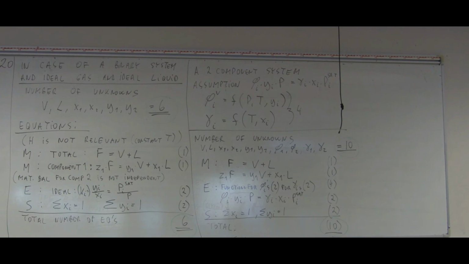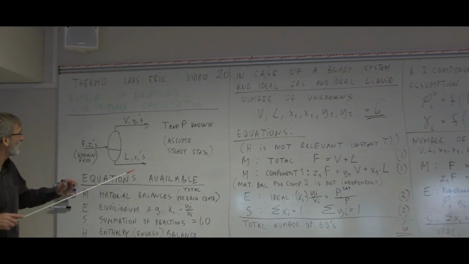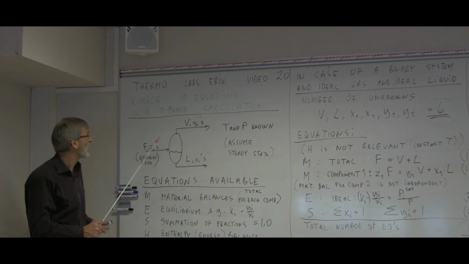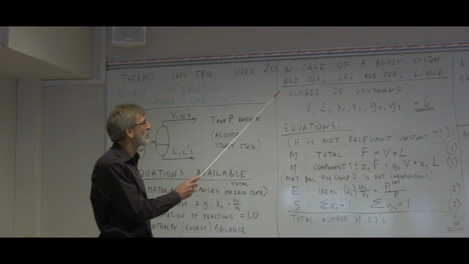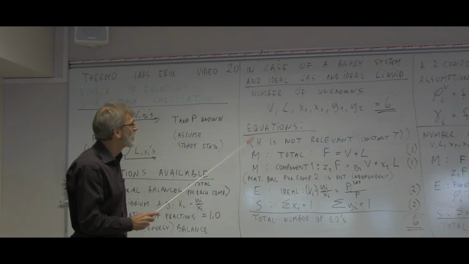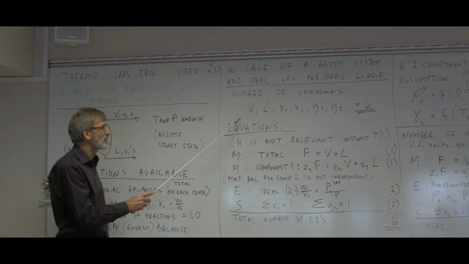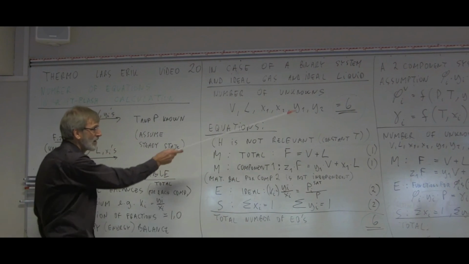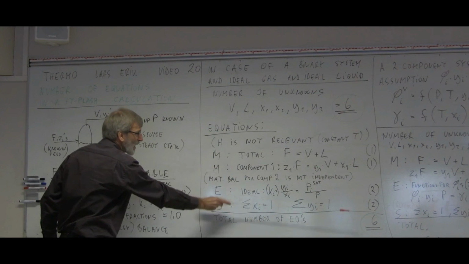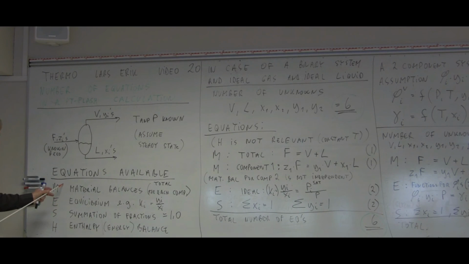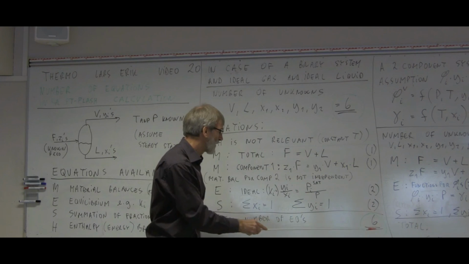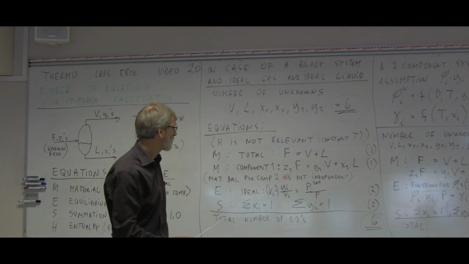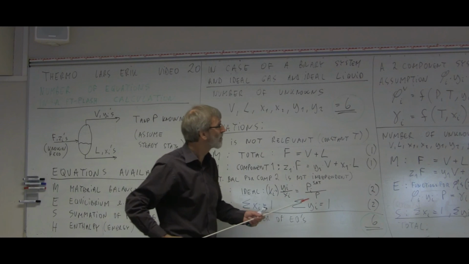So the idea is that we have an example of a calculation, in this case a PT flash, and first we have the ideal case, and then we have 6 unknowns, and we have 6 equations taken from these MESH equations, which are independent, so that we can solve the problem.